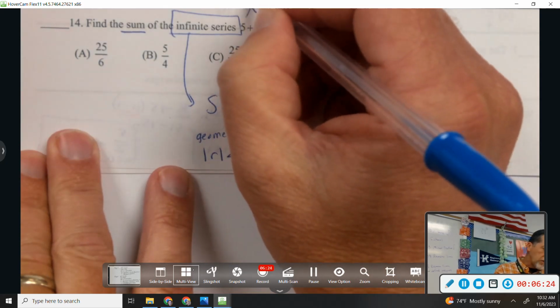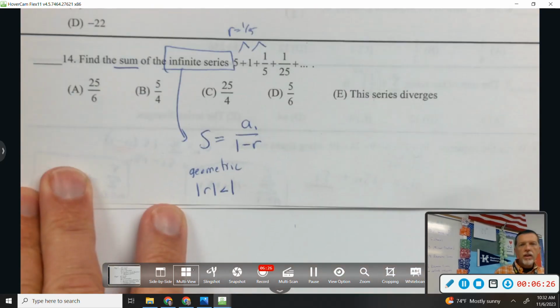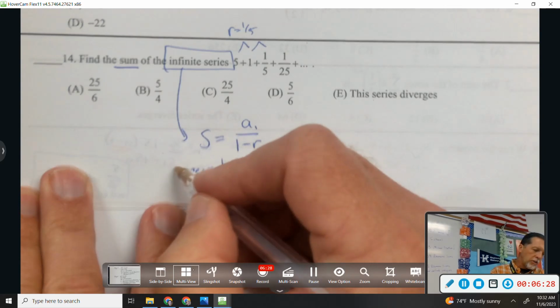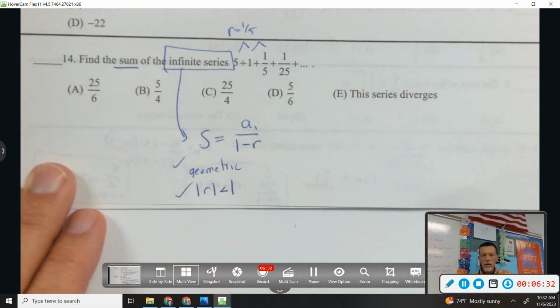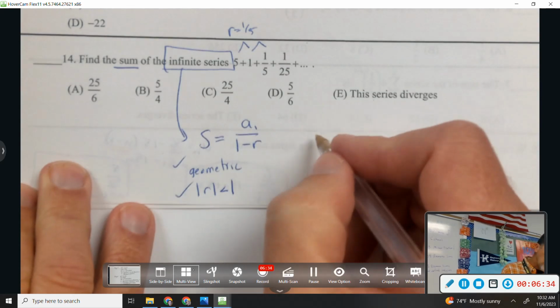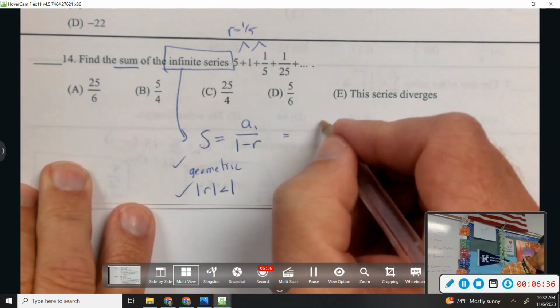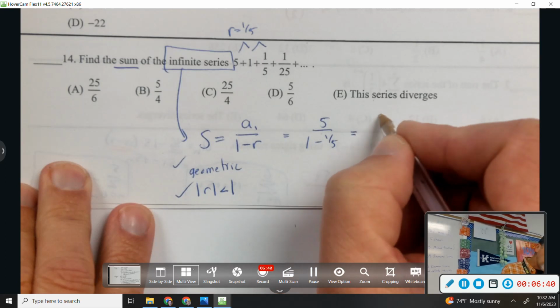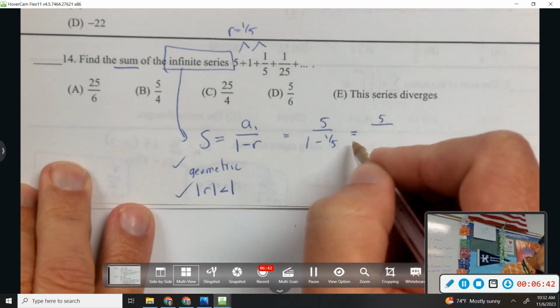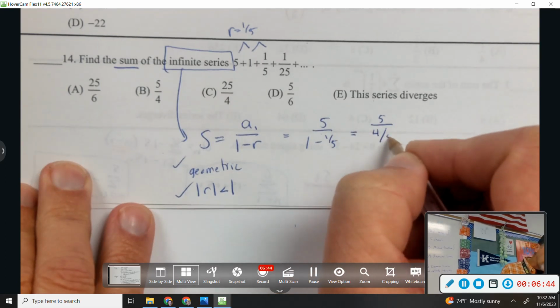Let's see, r is 1/5. So we are geometric, and r is less than 1. So yes, we can use this formula. So first term is 5. R is 1/5. So 5 divided by 4/5.